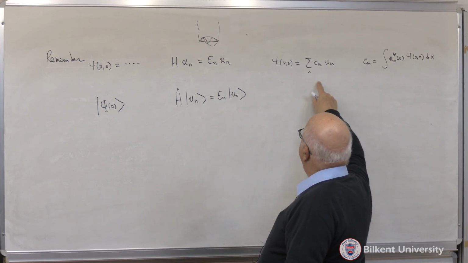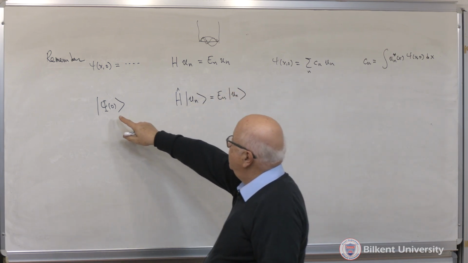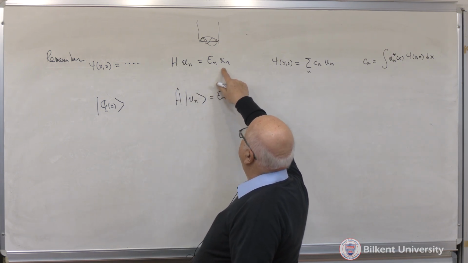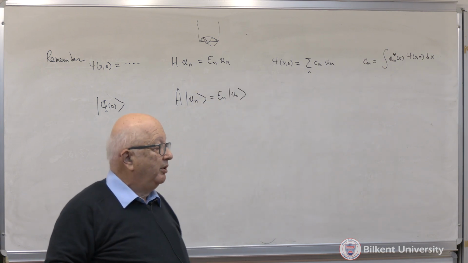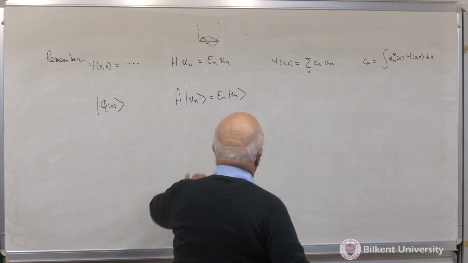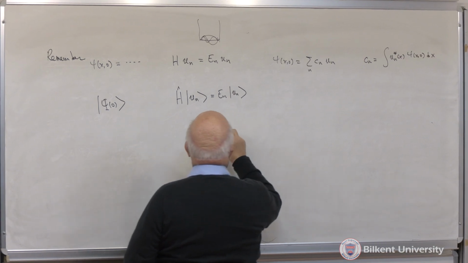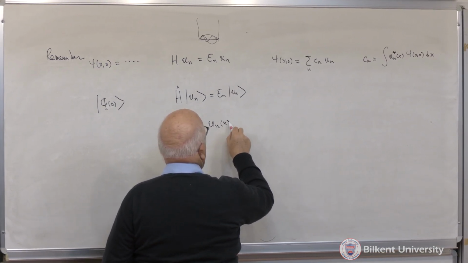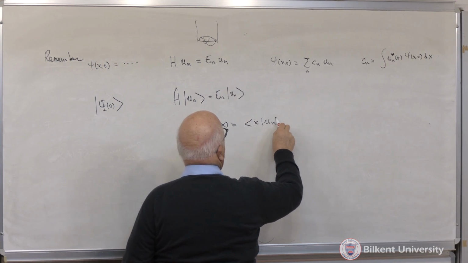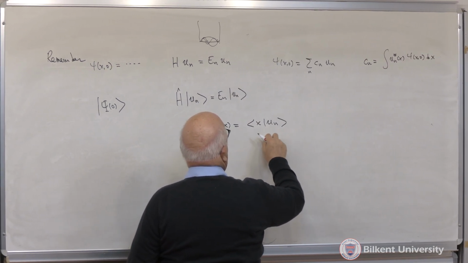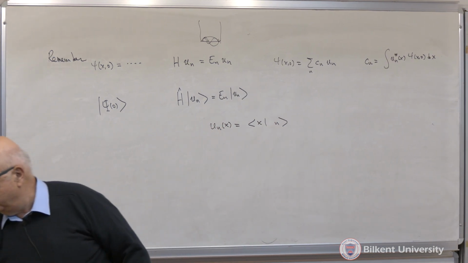Now, I want to expand this psi x0, this function, in terms of the eigenfunctions Un. Now, what are these Uns? This Un of x is x into Un. So let me use capital letters.